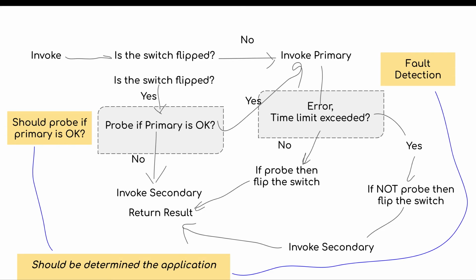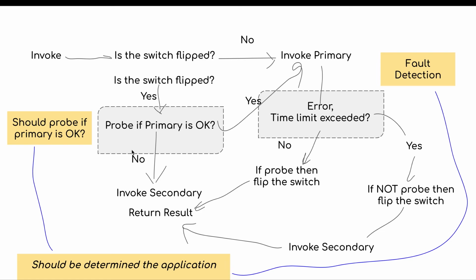An application might say that it's okay with a time limit exceeded three times, but on the fourth time it wants to consider it a fault, or certain kinds of exceptions may not be faults. So we want to provide an opportunity for the application to tell the circuit breaker library whether we should consider an error as a fault or not. So that's fault detection. This is one aspect which we want the application to control.